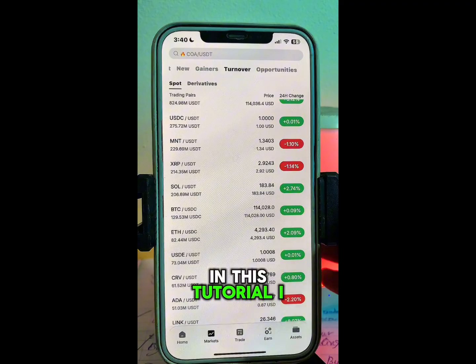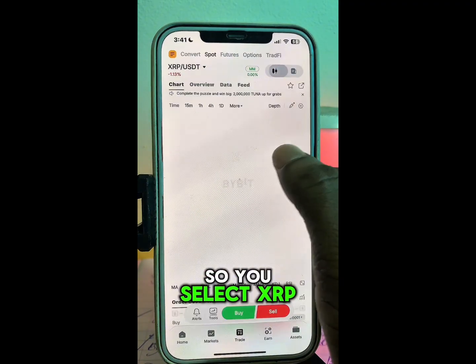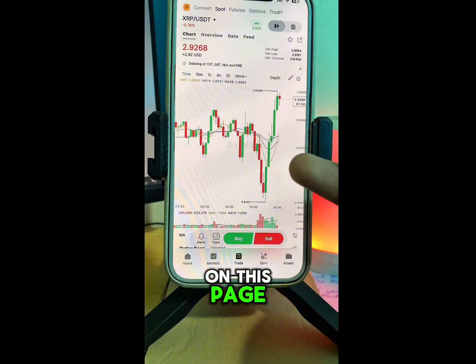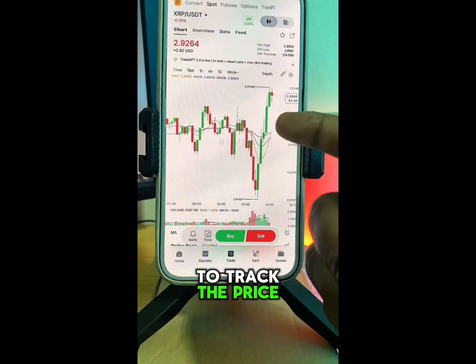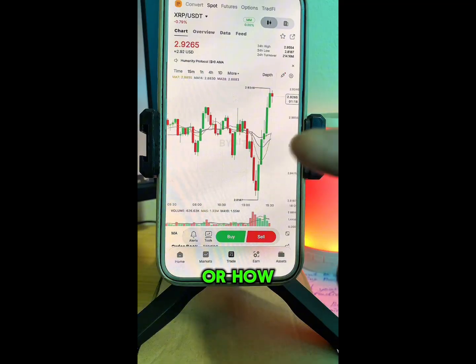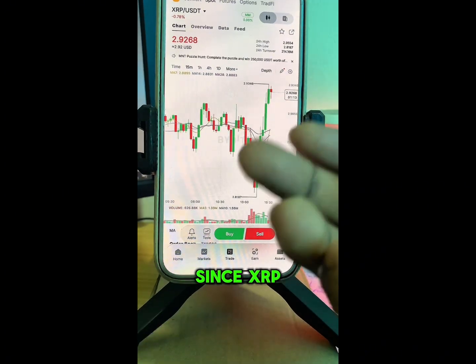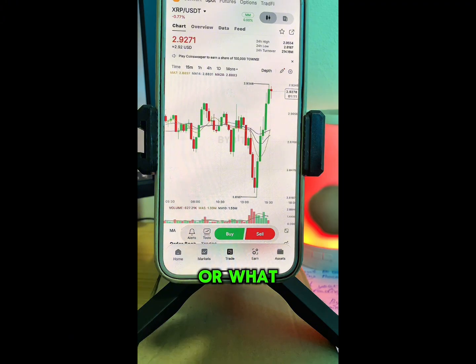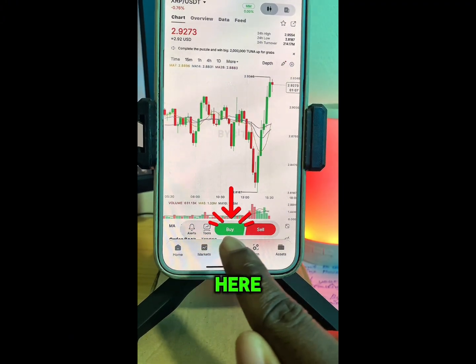In this tutorial, I will be using XRP. So you select XRP. On this page, you will be able to track the price of XRP or how the price of XRP is performing. Since XRP is what I want to trade, all I will do next is click on the buy button here.